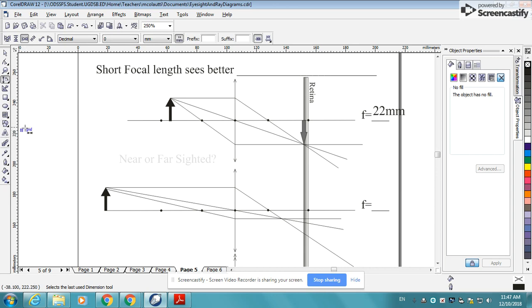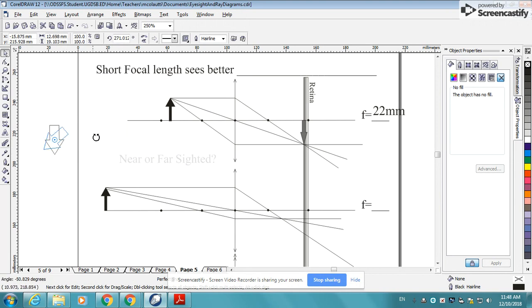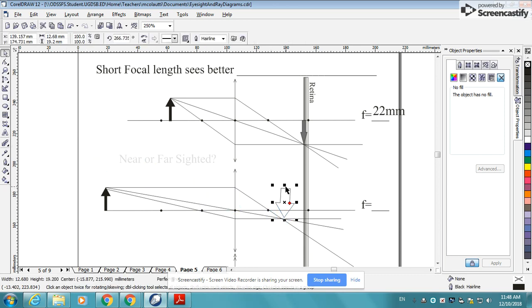So if I grab myself a little arrow, draw myself a little arrow here, I'll have to rotate him like this. Yep, still in rotate mode. I've got a focus right there.